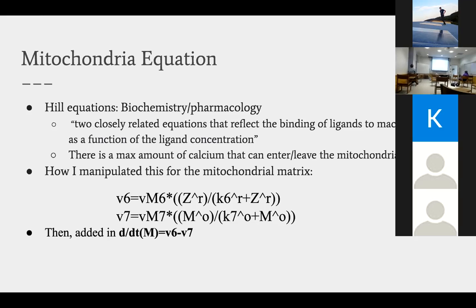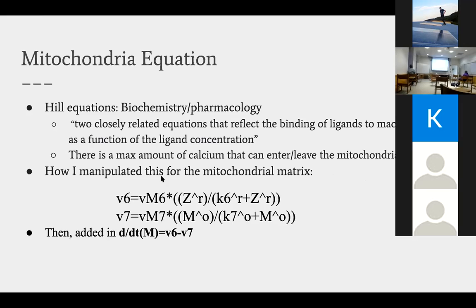We use this because there's a maximum amount of calcium that can enter and leave the mitochondria, or the cell in general. There's a very top amount of calcium that can enter, like the doors on a bus. You can only have 10 people at a time coming out, not 1,000. So that is why we decided to use that type of equation.